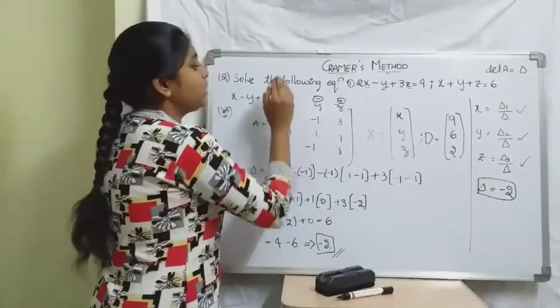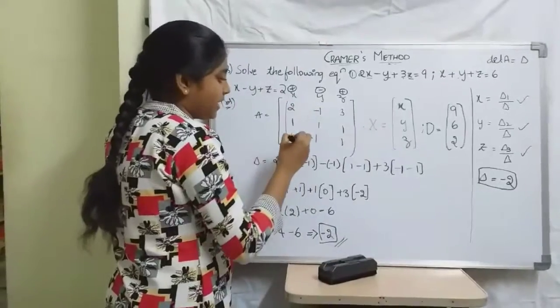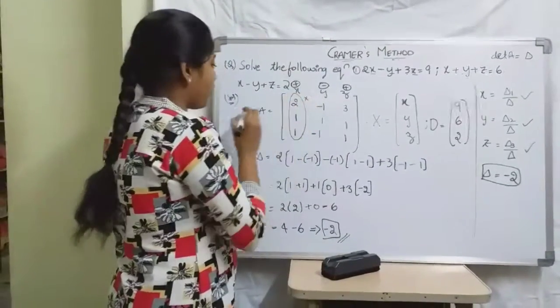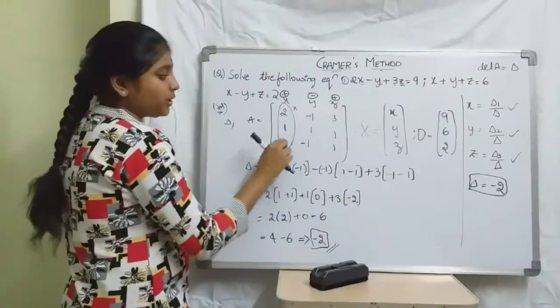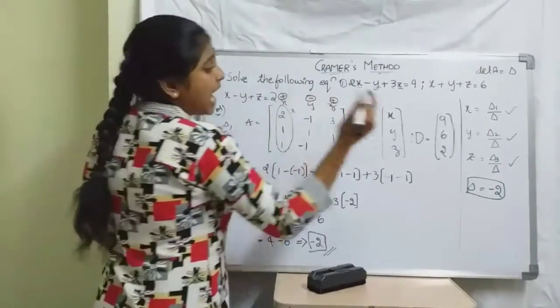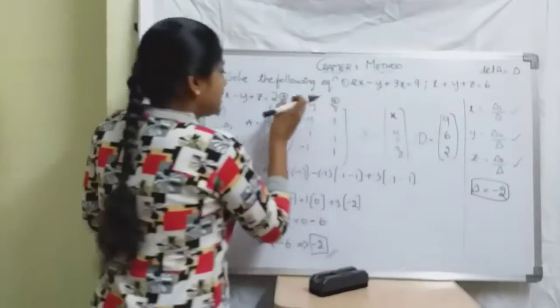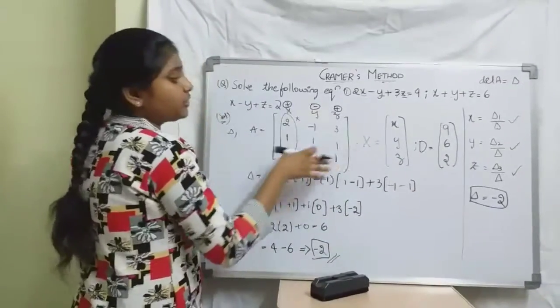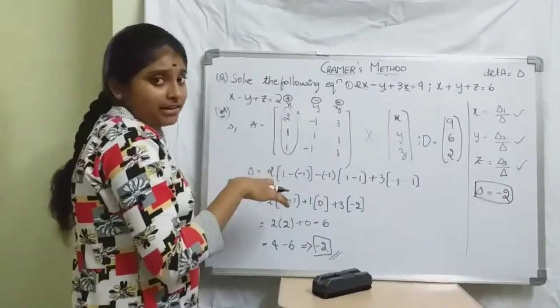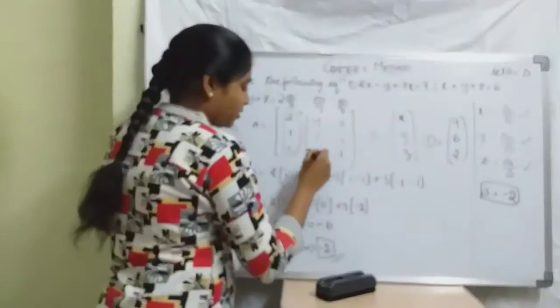Now we should remove the first column. This existing column we need to remove. For delta 1 we should remove the first column and apply the D matrix in column 1, and we need to find the determinant of that matrix. Then coming to delta 2, we need to remove the second column.